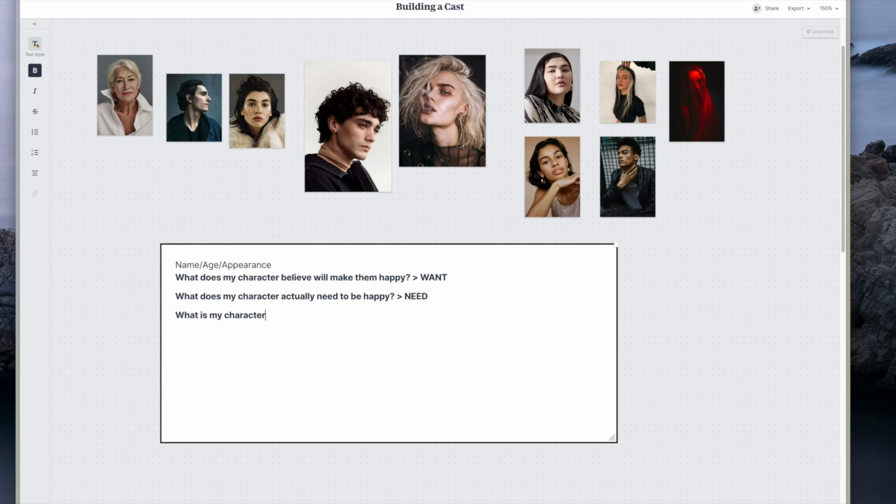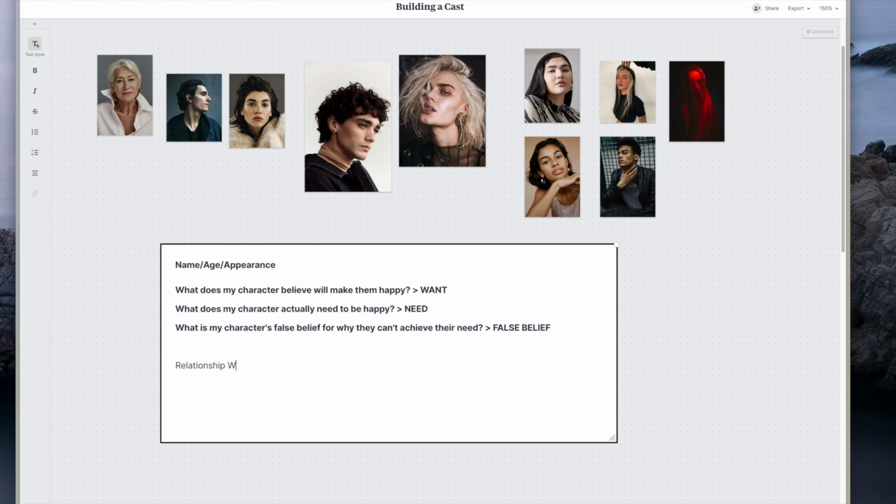What is my character's false belief for why they can't achieve their need? I make some sort of relationship web, so I figure out how every character feels about every other character at its most basic point. The relationship arcs and depth is going to come with writing for me.